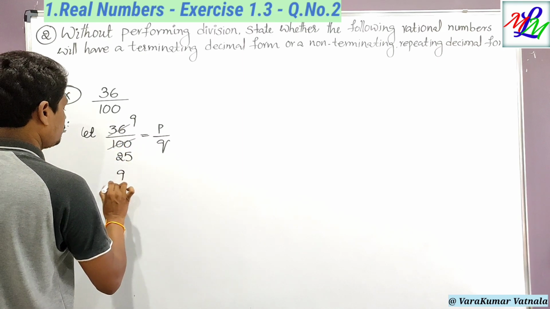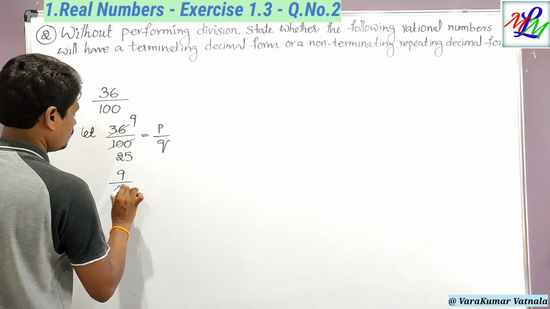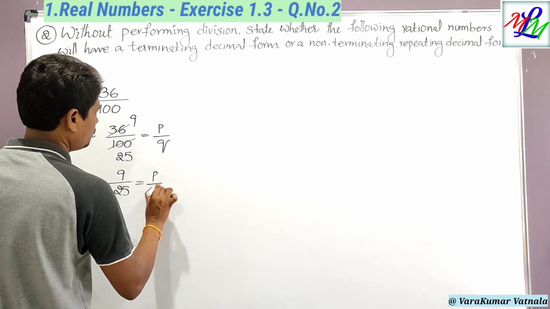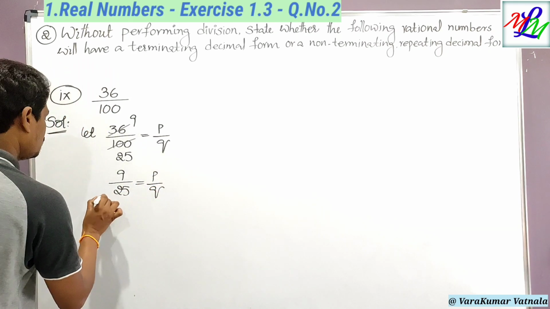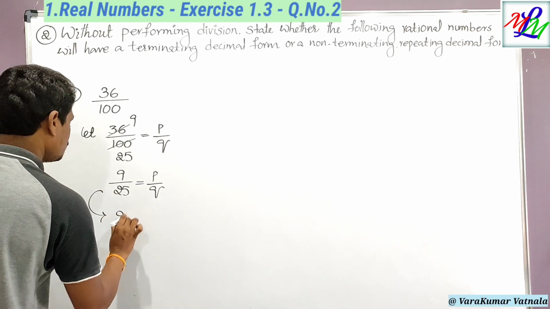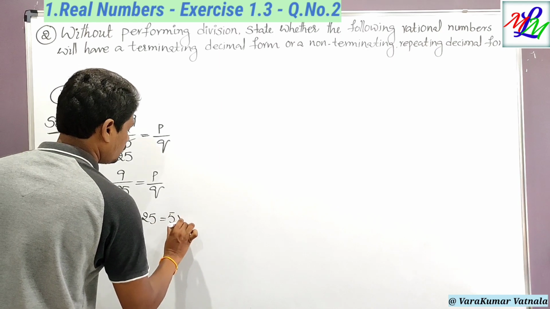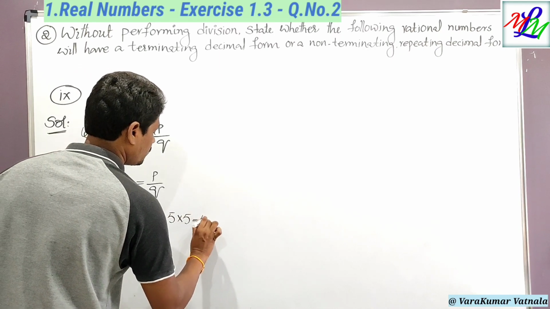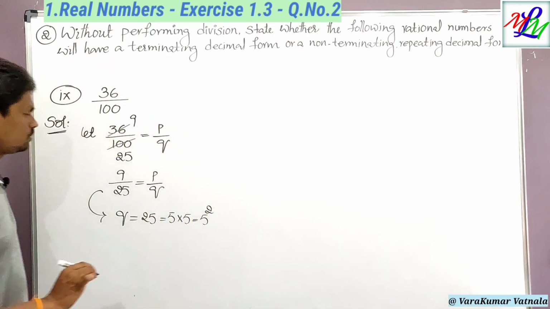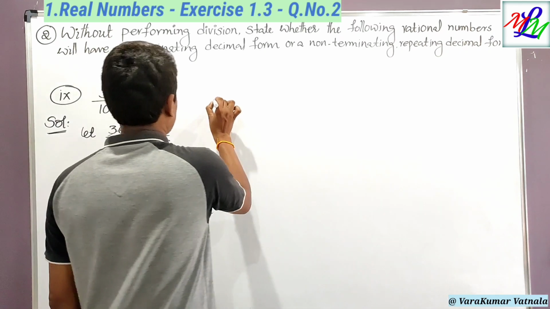So here 9 by 25 is equal to p by q. So here q is equal to how much? 25. So it can be written as 5 into 5, that is 5 to the power 2. So q is equal to 5 to the power 2.